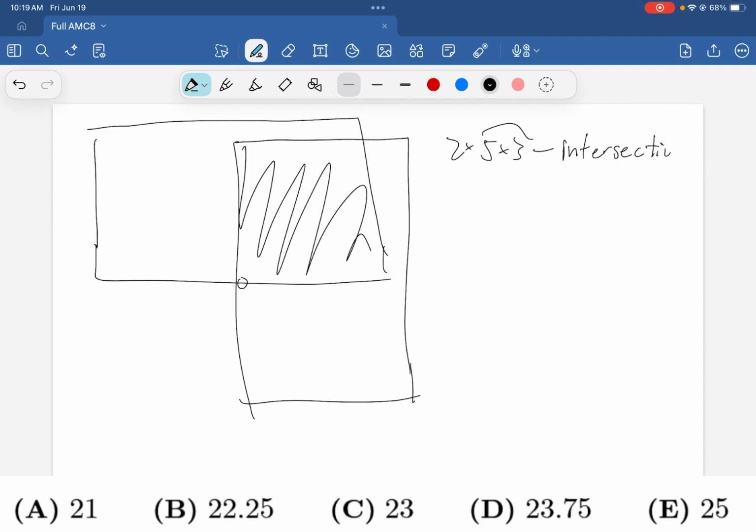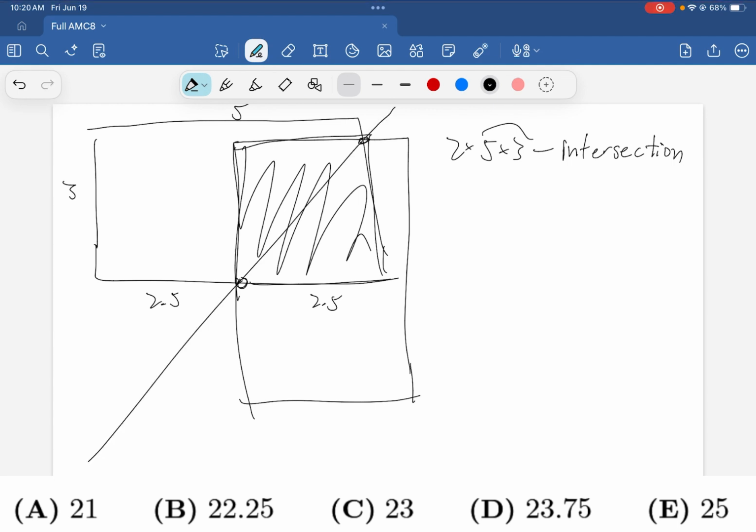So we just want to find the intersection of this. We know this is 3 and this is 5. So the midpoint of this would cut this into two segments of length 2.5. So by symmetry, this rectangle is going to be a square because it's symmetric along this line right here.